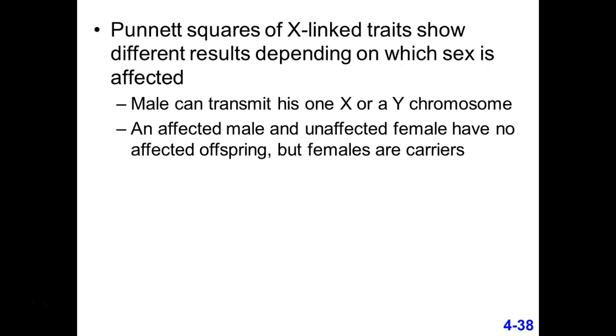Why is that? So the male is affected, right? On his X chromosome is the trait for that disease, say. The mom doesn't have it. But all the females are going to be carriers. Because how did that female become female to start with?